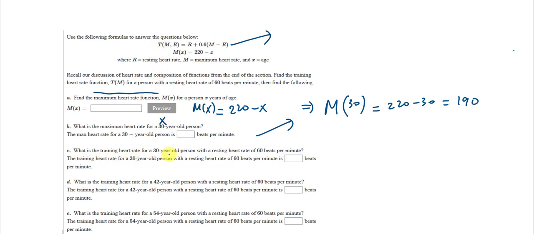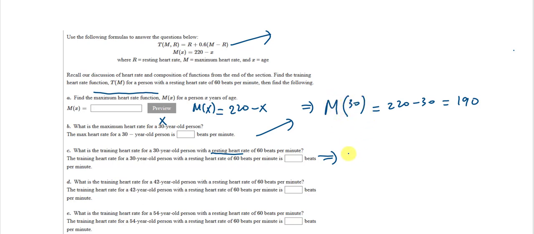Okay, now this person is 30 years old, and he or she has 60 beats per minute for the resting heart rate.